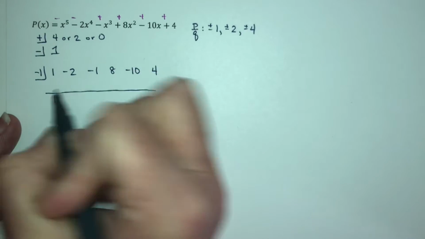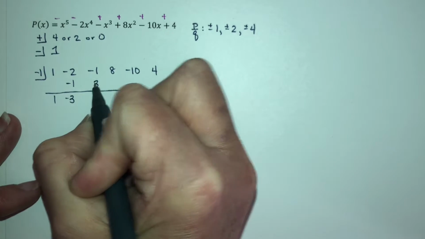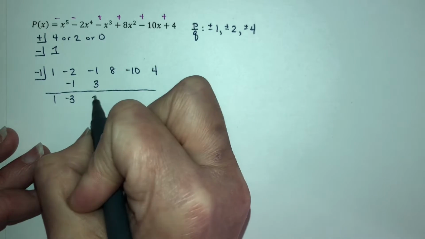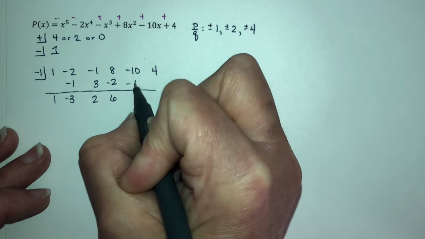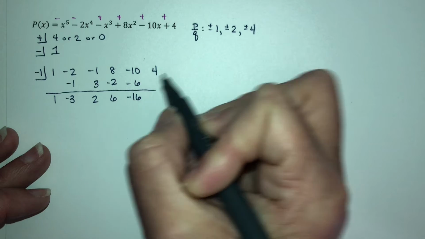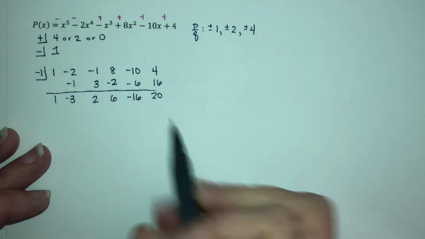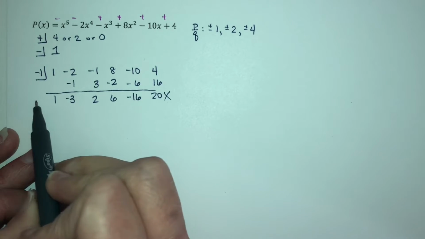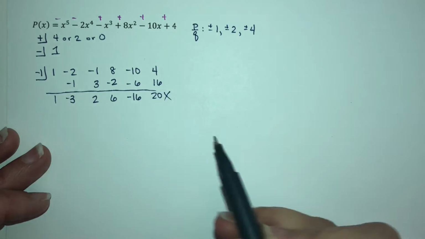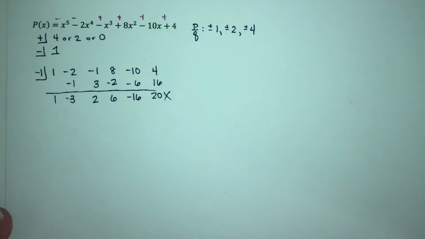Bring down the 1, -1, -3, +3, 2, -2, 6, -6, -16, +16, and that's 20, which is not a solution. And since I was testing a negative, I look for alternating signs and I don't have that either. So I don't have a lower bound and I don't have a solution yet.